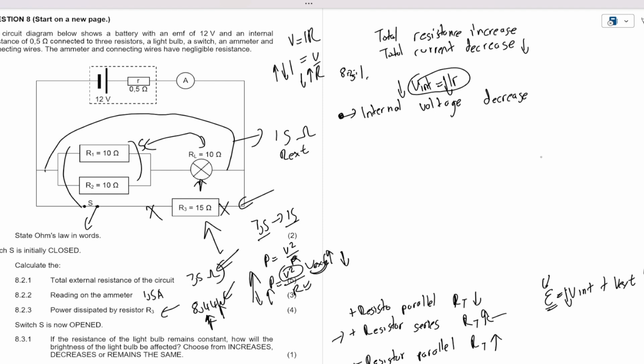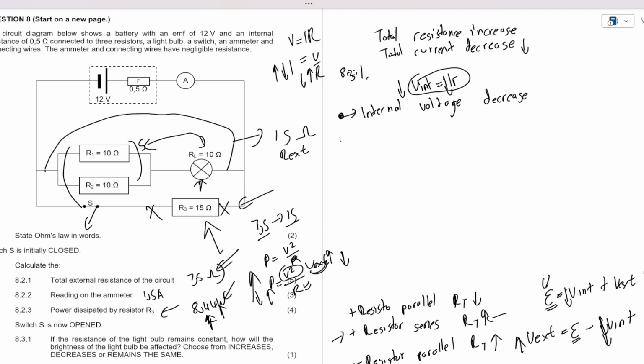For example, making V external the subject of the formula, V external equals EMF minus V internal. If V internal decreases, it means that to achieve the same EMF, V internal is now removing less from the EMF, giving more external voltage.